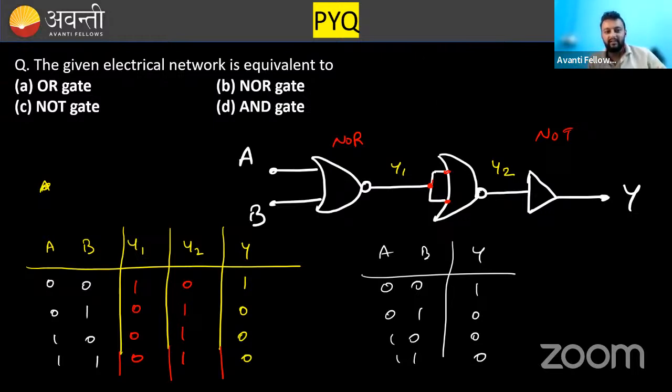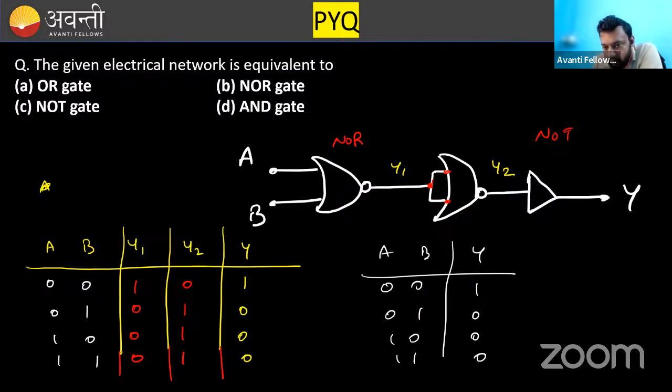Someone has answered B. Veena is saying B. It is NOR gate. Okay. Anyone else? Low inputs are giving high output. Okay.